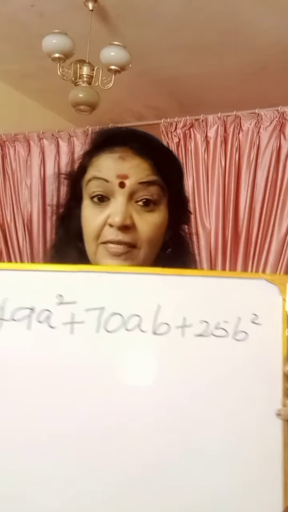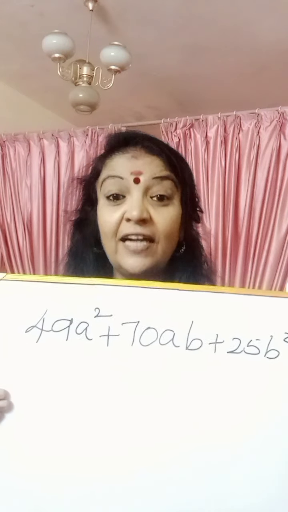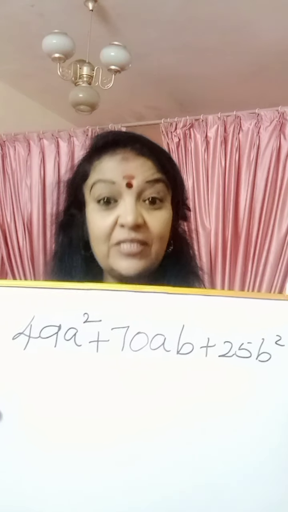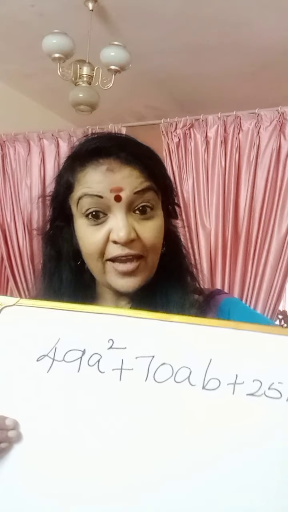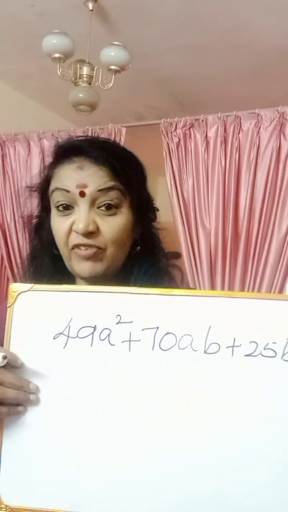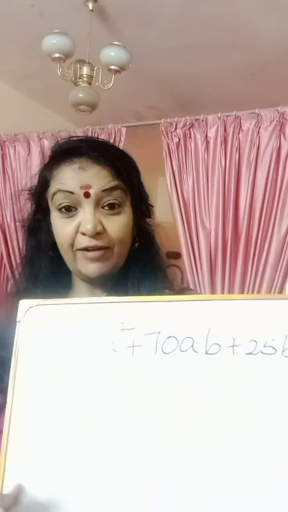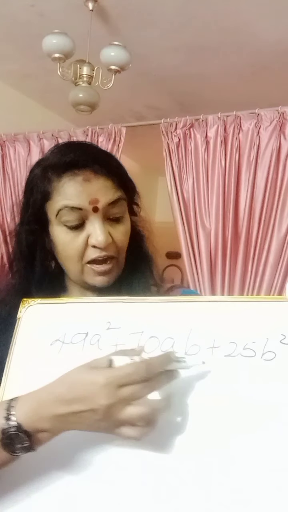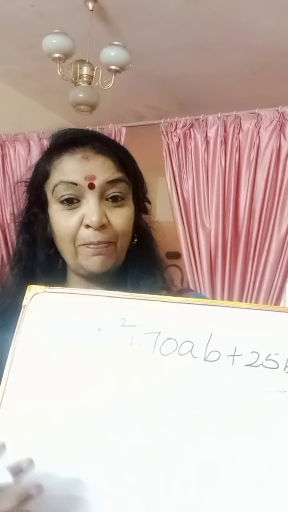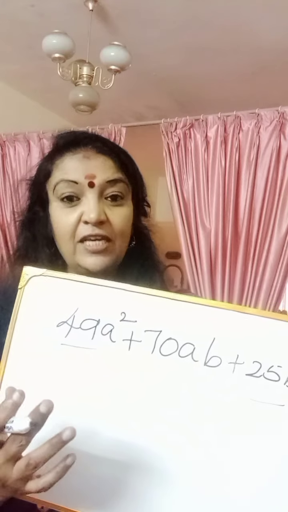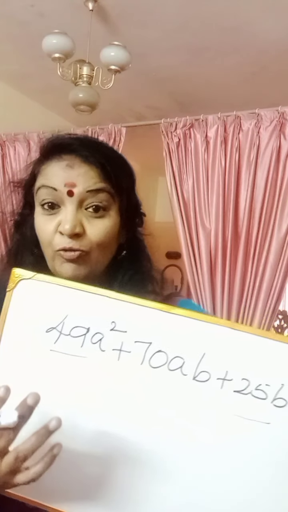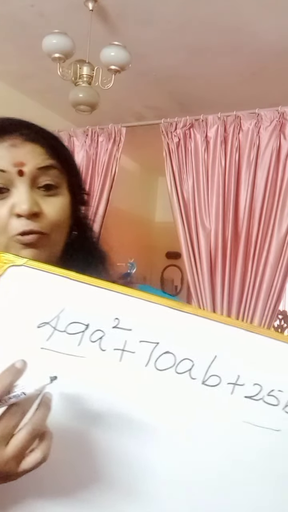This is a square identity. It contains 3 terms and its degree is 2. How to identify? Identification is very important. You have to check the first and the last term. Both are perfect squares, so you can understand this is our first identity, (a plus b) whole square.